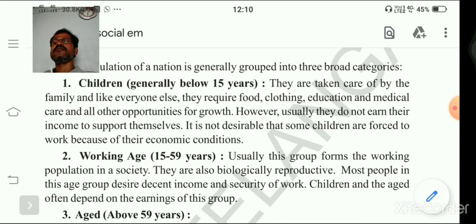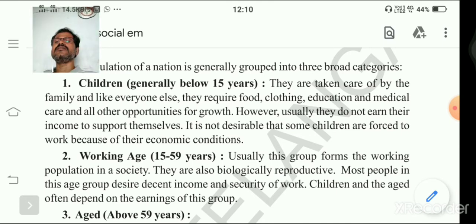Right? And most of the people in this age group need a good income and job security, and they earn some income for their family needs. They fulfill the needs of the children and the aged who are above 59 years of age, who also depend on them.